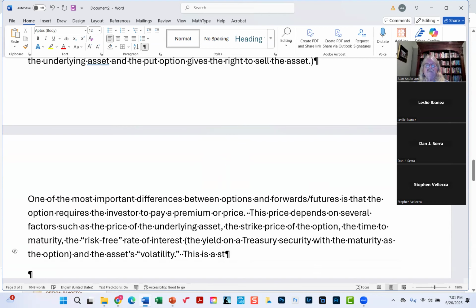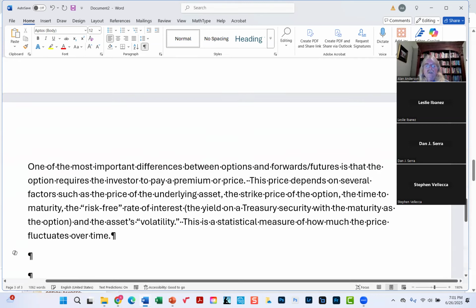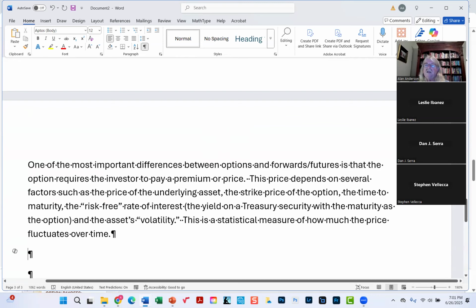This is a statistical measure of how much the price fluctuates over time. Those are all the factors that determine the price, at least of a European option. And that's what the Black-Scholes model is using to price it. So that's one of the key differences.